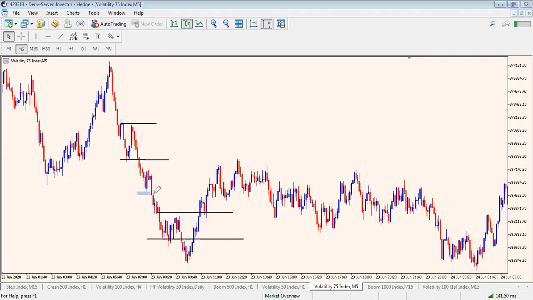Then we have a lower high, lower low, then lower high. Then the next one, you see that the market was able to break out around this area. Good. The market was consolidating around this zone, and it broke down nicely for us.